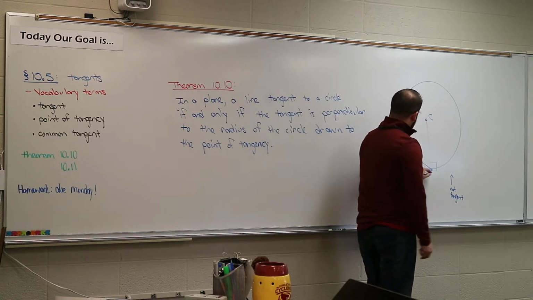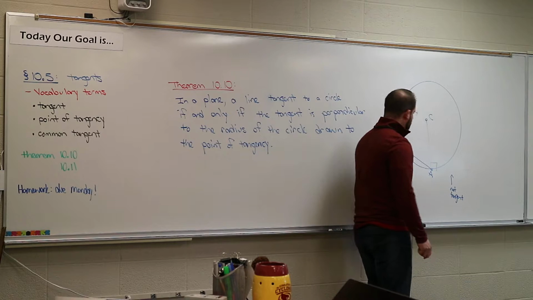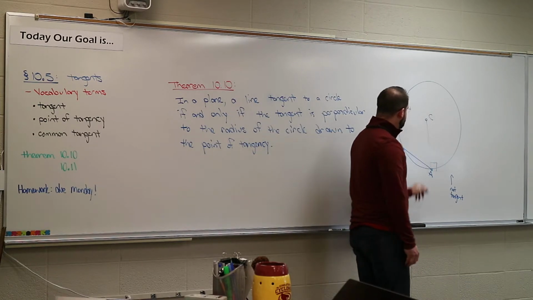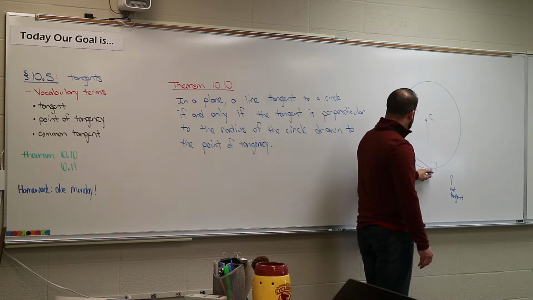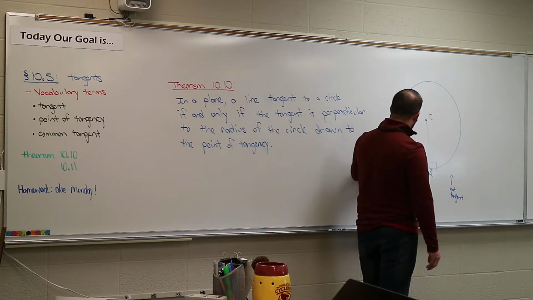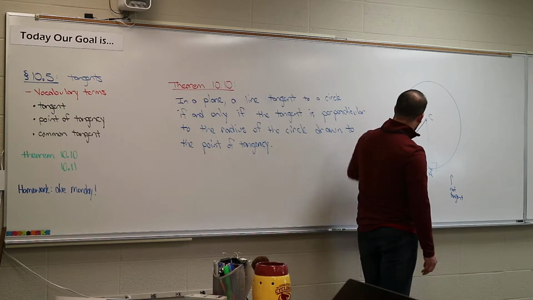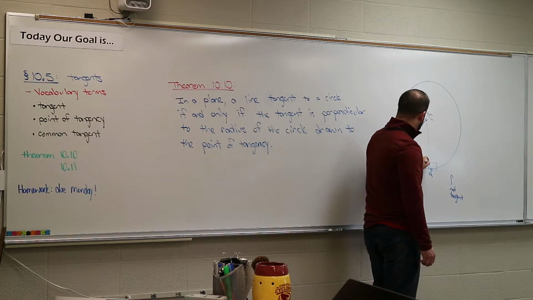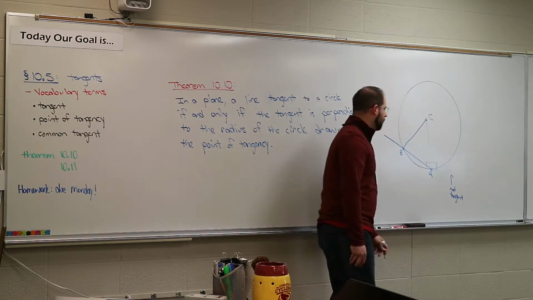Let's call this A, let's call this B. So if that's truly a 90-degree angle and that's not a tangent line, then at some point down the road I'll have another one, so I'll put the right angle over here. That looks terrible, but go with it.